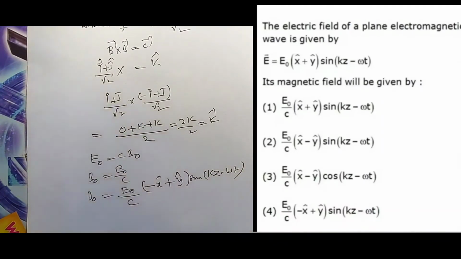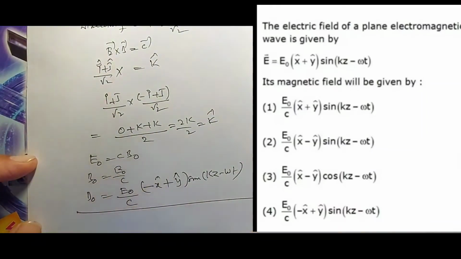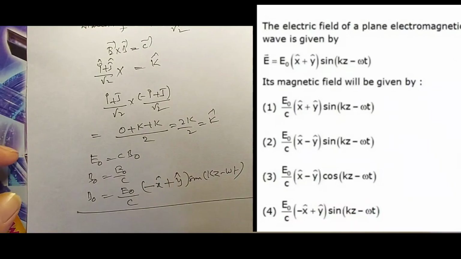So this is our correct option. B naught equal to E naught by C.